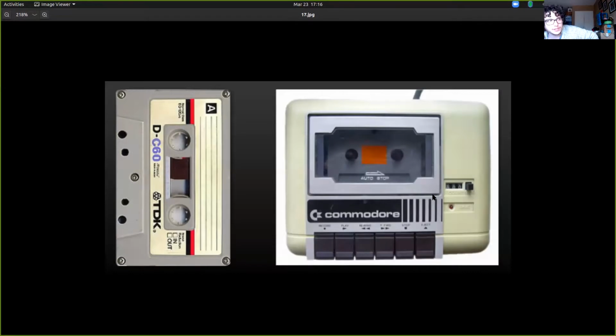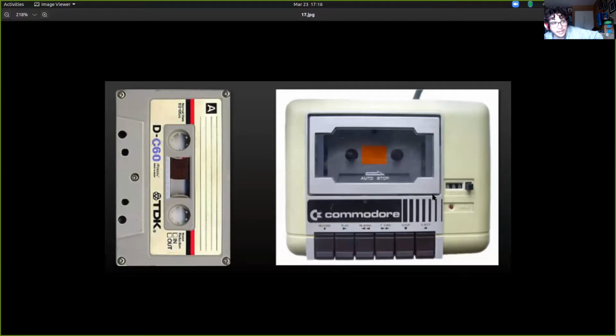Somebody else want to try? If it's not a cassette tape, it is a what? It stores data. I'll give you 5, 4, 3, 2, 1.